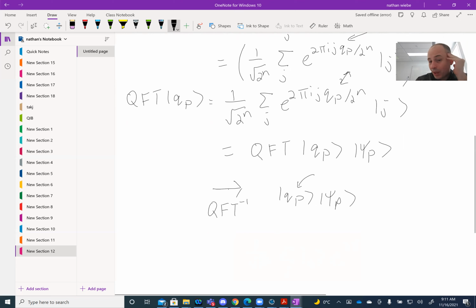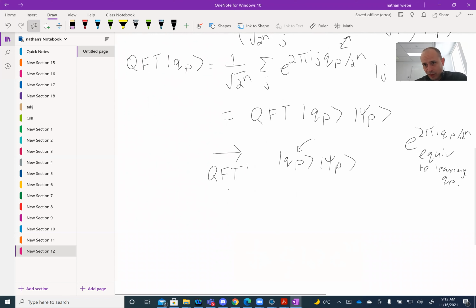And once we have the phase, if we learn what q sub p is, given we know what n is, then we know that the eigenvalue can just be computed as e to the 2 pi i q sub p divided by 2 to the n. So learning q sub p is equivalent to learning the phase. Okay, so that's how this process ends up working.